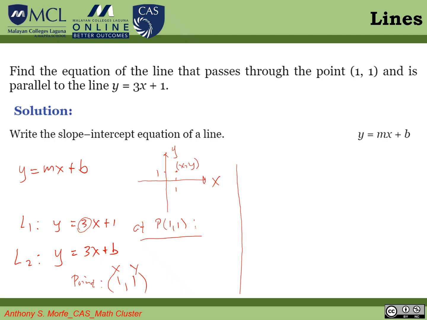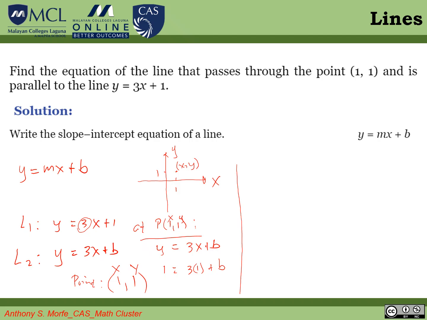You have y equals 3x plus b. Since the line is passing through this point, this is our x, this is our y. So y is 1, equal to 3 times x, which is 1, plus b. Okay, so from here we can solve for b.